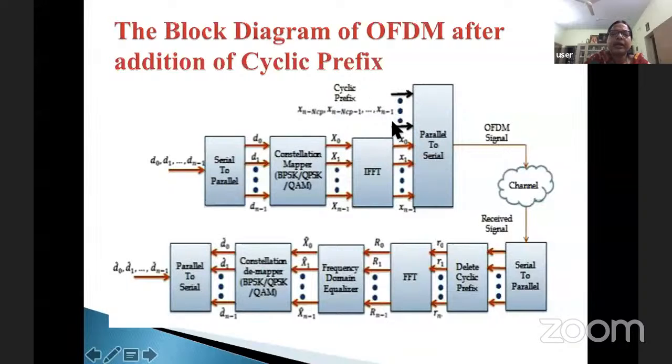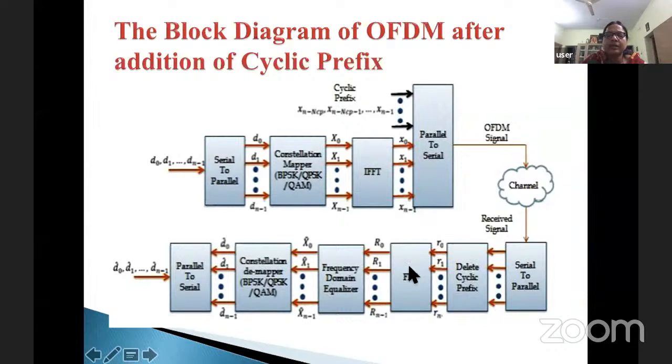Suppose you are sending x0 to x of n minus 1, we'll add additional data bits, x of n minus 1 to x of n minus ncp, as the cyclic prefix. And we remove the same cyclic prefix at the receiver.